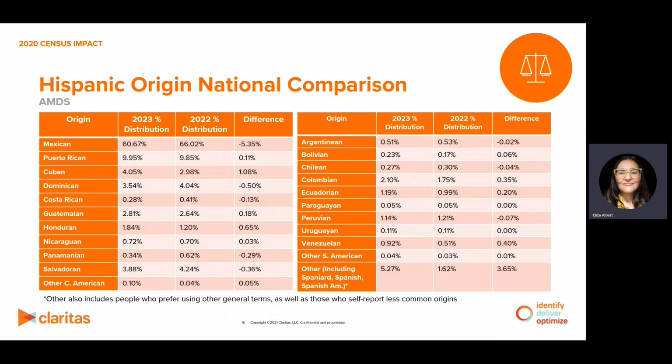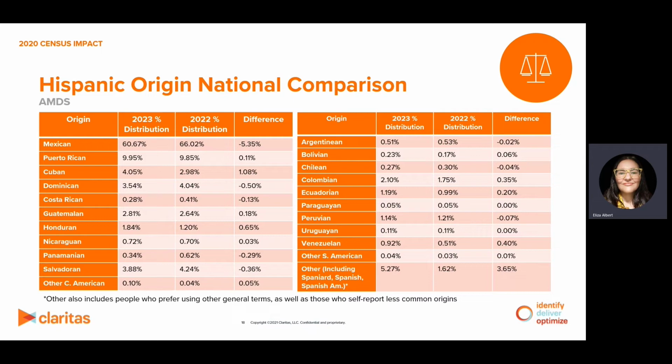So it's very possible that some of these people have Mexican heritage, but in some cases they may prefer using general terms such as Latin American, Latino, or a similar variation. While this can be strictly a matter of preference, it may also be because they have origins with multiple groups. Additionally, this category also includes people who self-report other less common origins, such as California, Tejano, or Mesoamerican Indian, when given the opportunity.